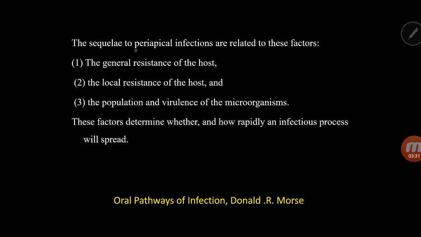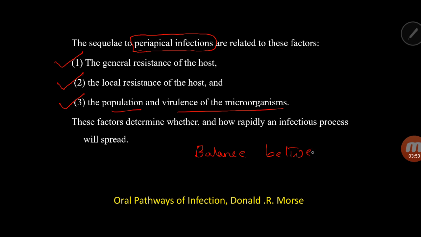The sequel of the periapical infections is related to three factors. One is the generalized resistance shown by the host, the second is the local resistance of the host, and the third is the microorganisms, their population and virulence. So it's going to be a balance between the host response and these three factors.